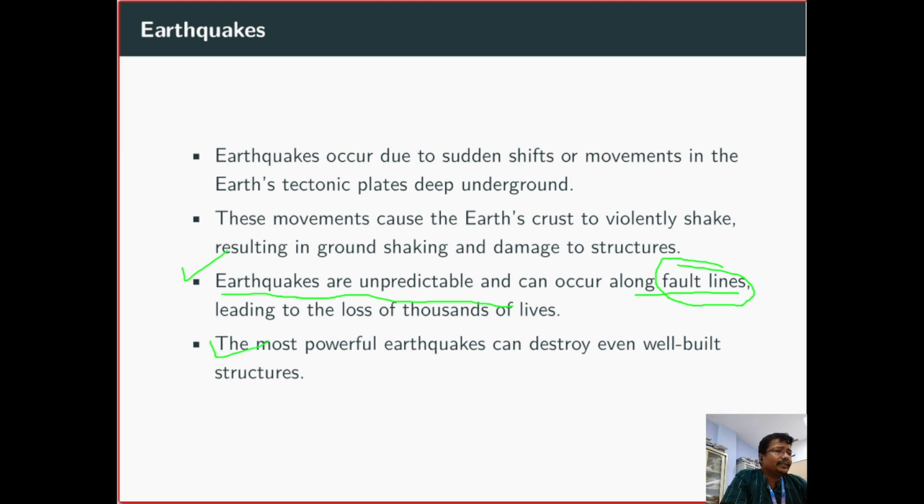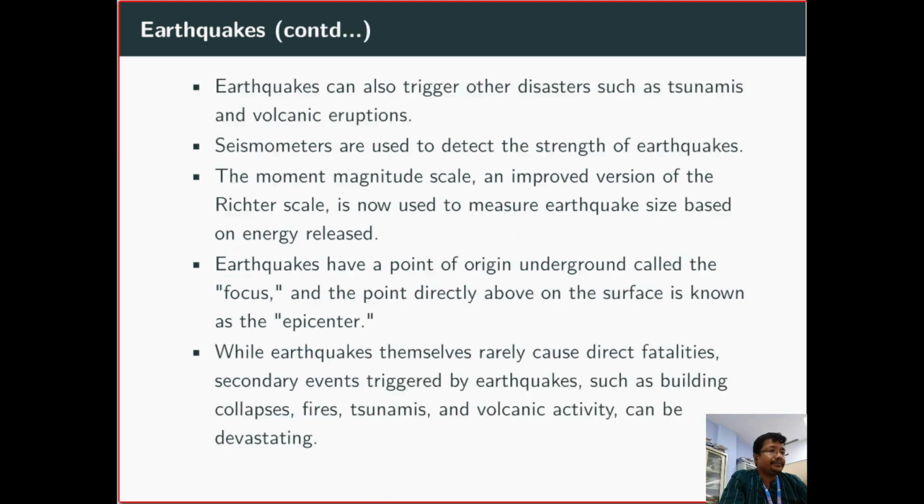And these earthquakes are very powerful. They can destroy well-built structures, they can destroy our houses, right? They can destroy everything, wherever it touches.